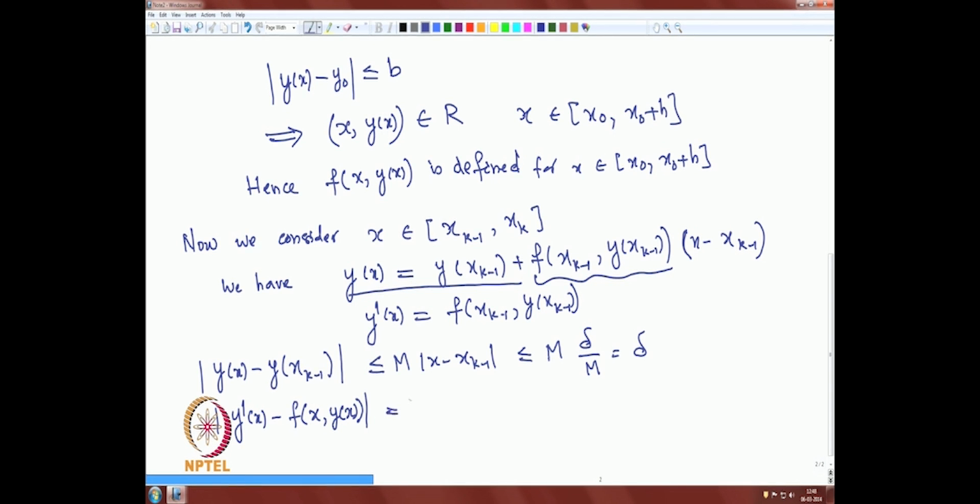We have seen that y'(x) is f(x_{k-1}, y(x_{k-1})). So this is f(x_{k-1}, y(x_{k-1})) minus f(x, y(x)).